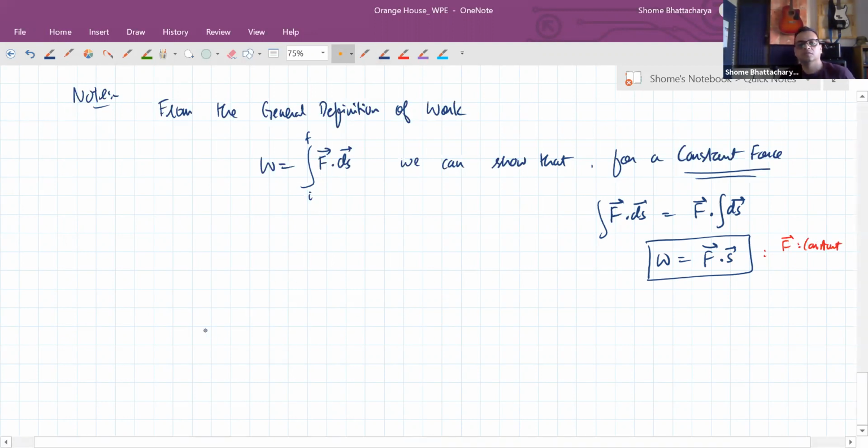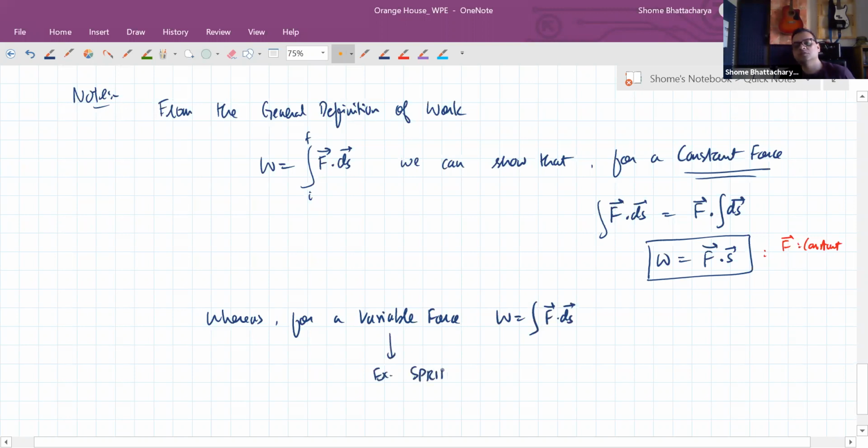Whereas for a variable force, work done has to be calculated by integration. So examples of variable force are, for example, spring force, whose magnitude is kx.